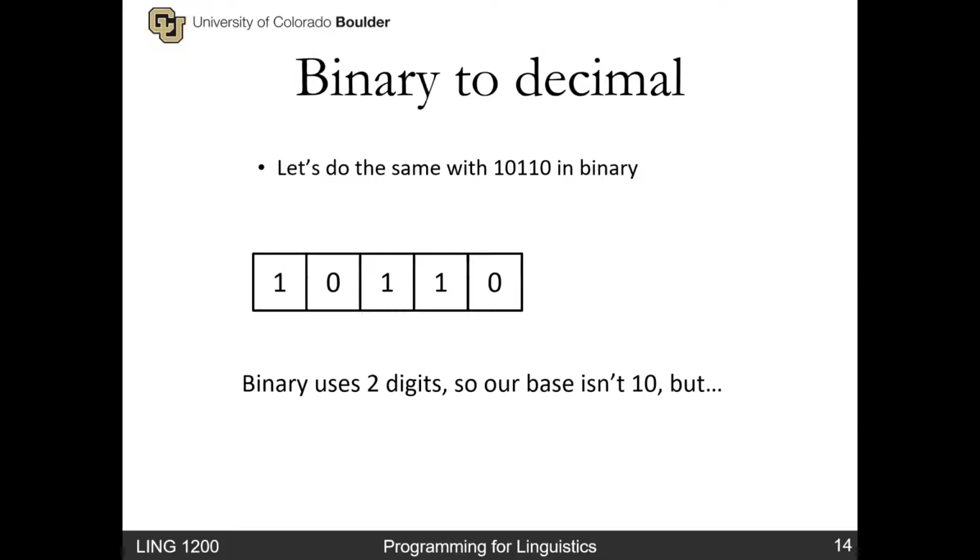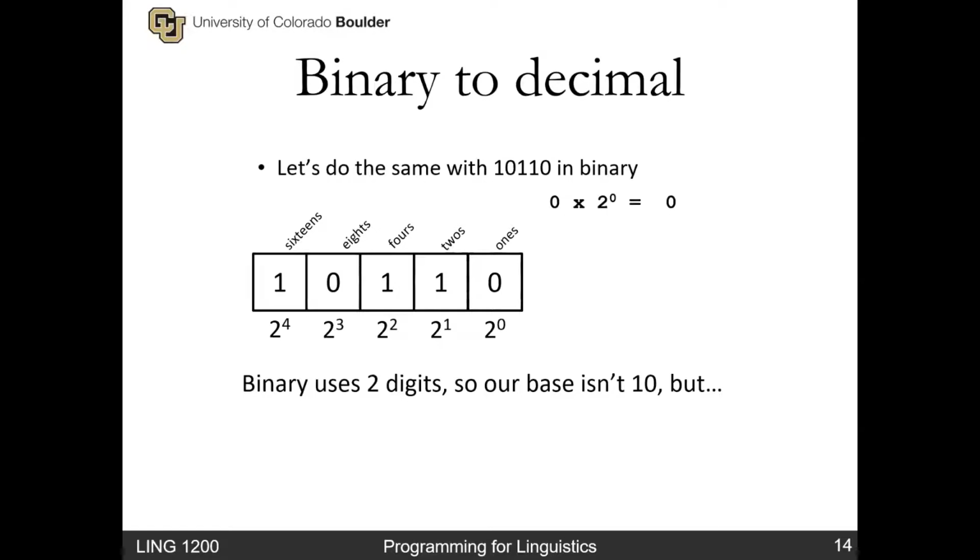And in binary, since it uses 2 digits instead of 10 digits for each position, we're going to do the exponents on 2. So the first position is 2 to the 0, which is 1, 2 to the first, which is 2, 2 to the second, 2 to the third, 2 to the fourth, and so on. So the first position is 1s, the second one, 2 to the first, is 2, that's 2s. The third one, 2 to the second, is 4, so that's the fourth position. 2 to the third is 8, 2 to the fourth is 16s.